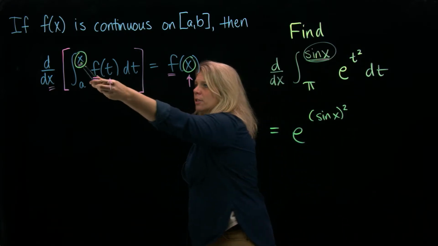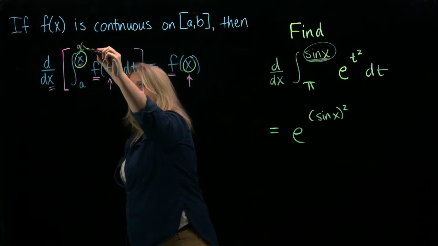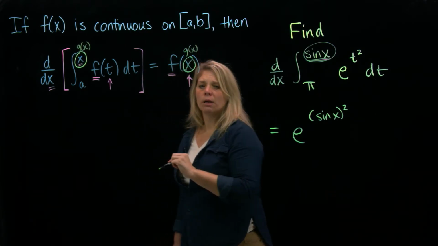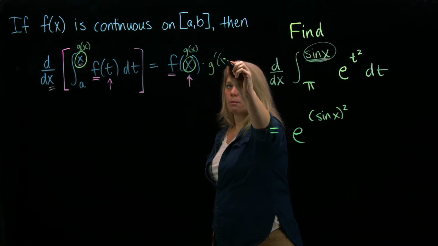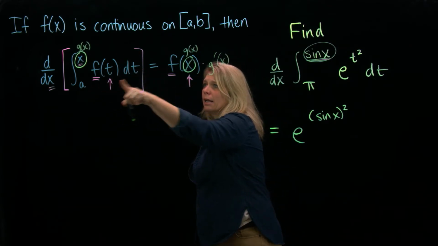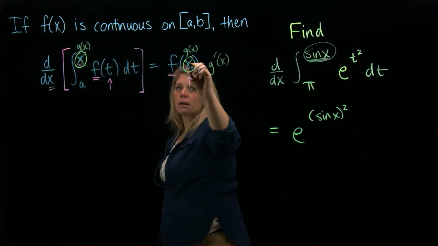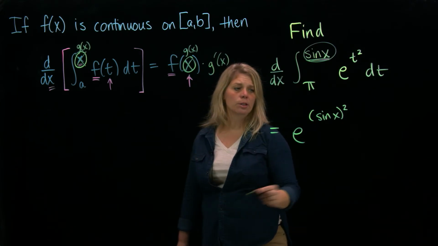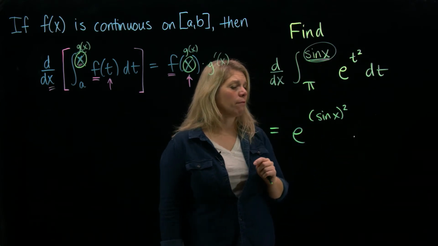So here, instead of just having x, my function is really a function g of x, and then we know from chain rule that we would have that times g prime of x, right? So this is combining the fundamental theorem of calculus, but instead of just an x there, we have a g of x as our limit of integration, provided that's a differentiable function. We're going to have this times the derivative of that function.